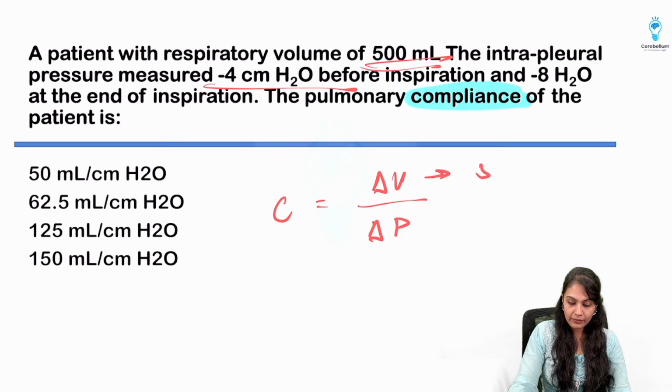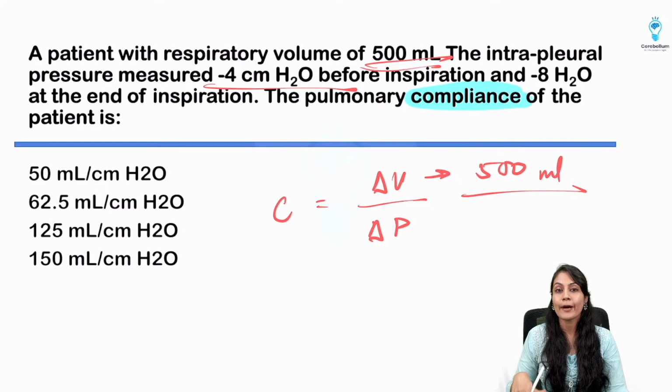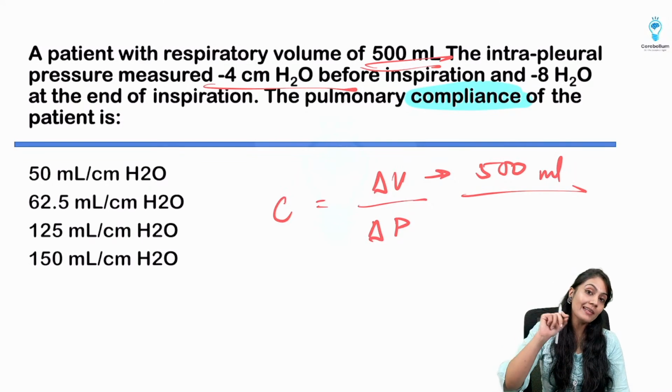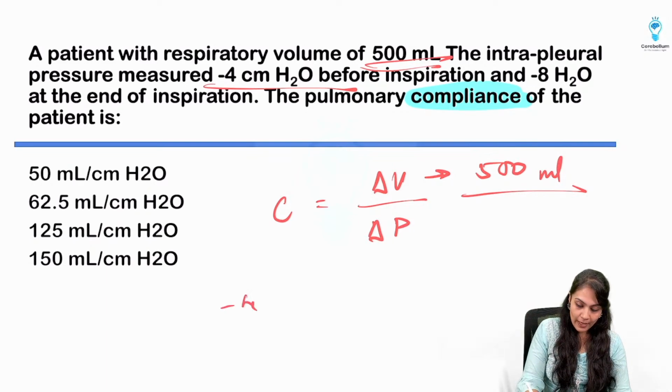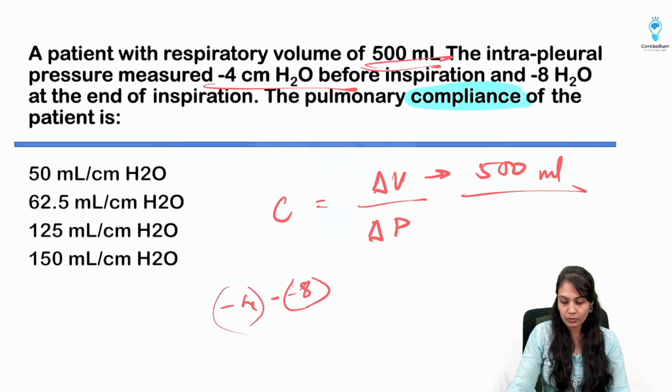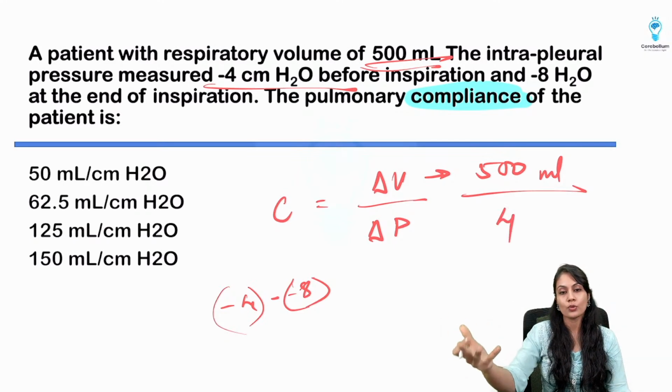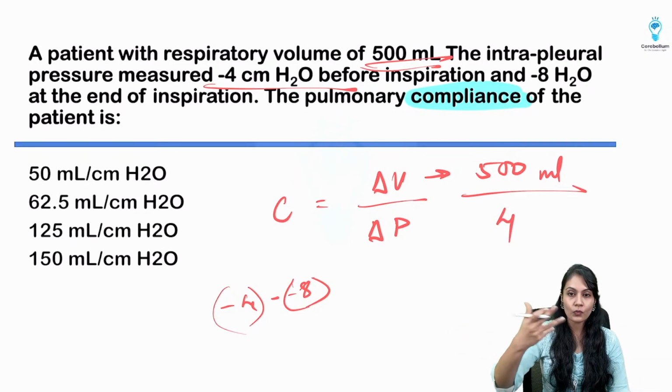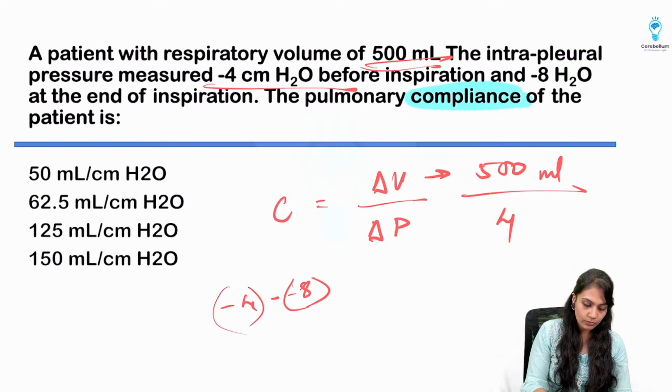The volume they have given is 500 ml, isn't it? Now we have to check the delta P. Delta P means the difference between these two pressures. What is the difference? -4 minus -8, right? So even if you do that, it is going to be around 4. So going from -8 to -4, this is going to be 4, and the value that you are going to get is 125.